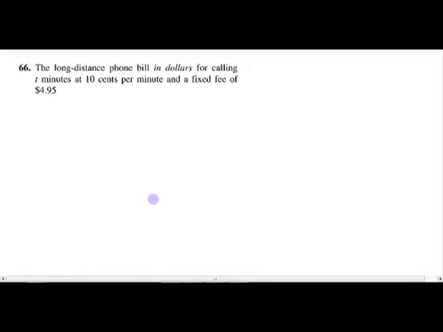The long distance bill in dollars for calling t minutes at 10 cents per minute and a fixed fee of $4.95. So here we can call the formula what we would like. Let's go ahead and call it f of t. Our t is our input.